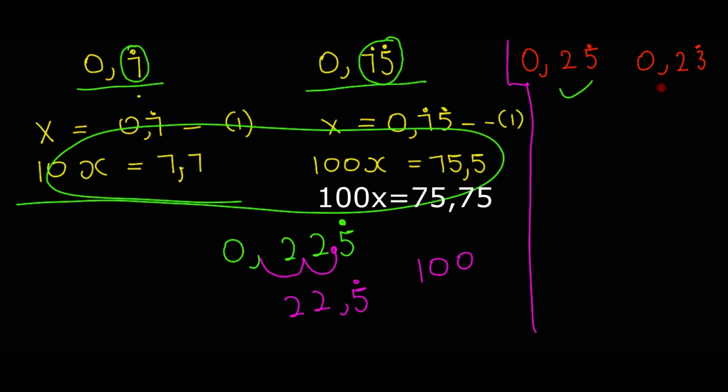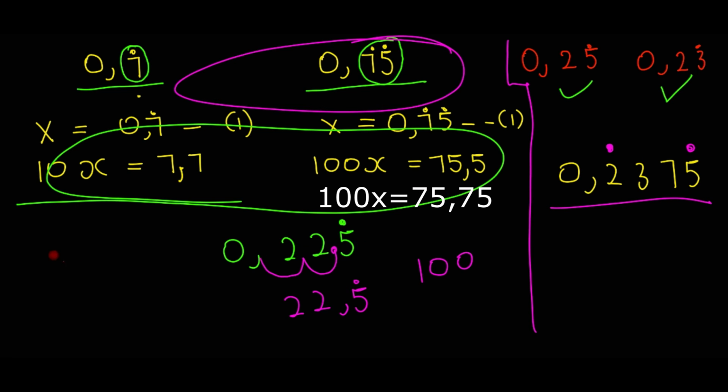So this one is the same as this one. So that's the recap of the only difference between these decimals. But if you have something like 0.2375 where you have a point here and then a point here, because the point is at the beginning and at the end, this problem is the same as when you have this kind of problems, the same as when you have 0.2375.